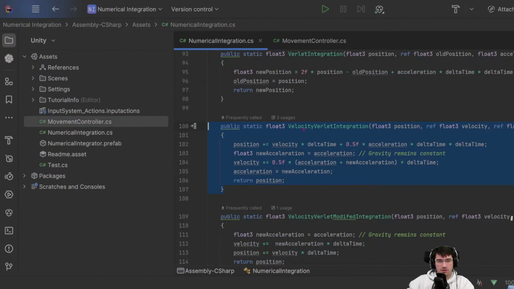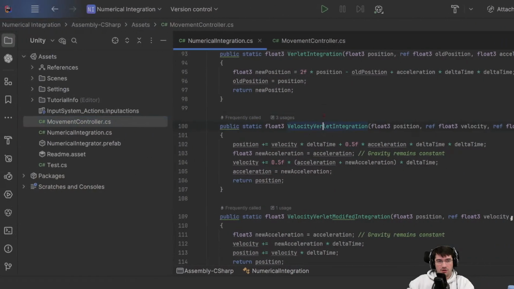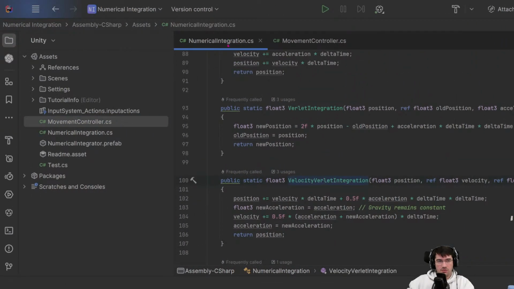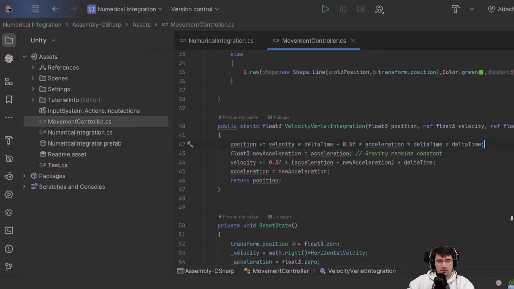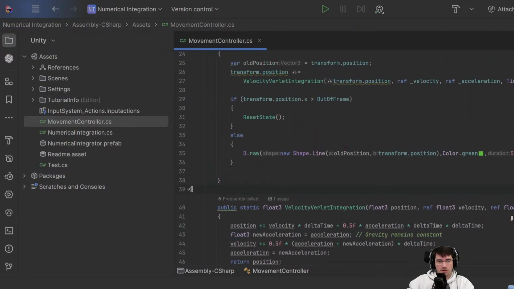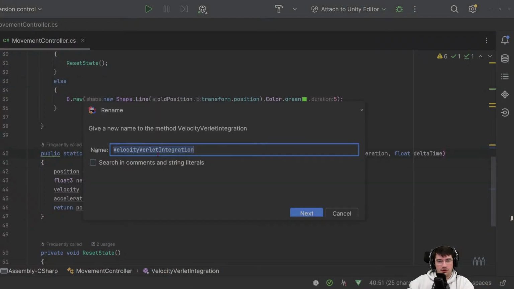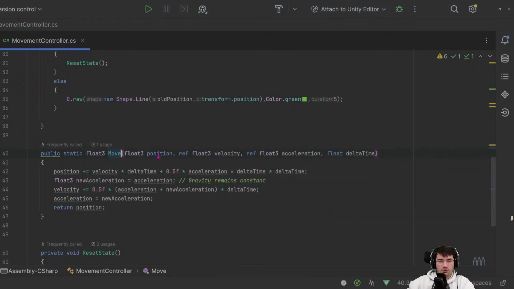And actually in the correct method would be great. Movement controller. Let's close this one. Movement controller. In here, let's rename that Move so I don't confuse it with the other method.